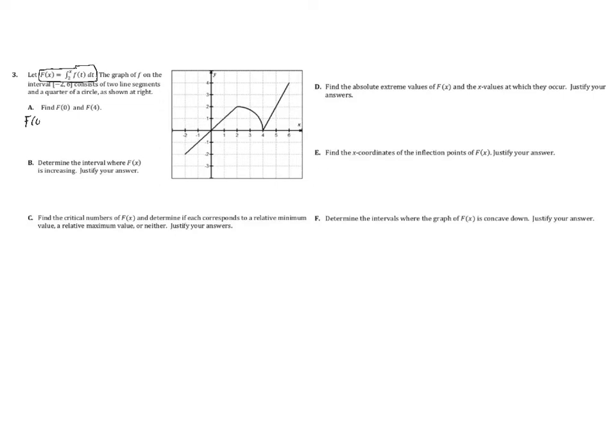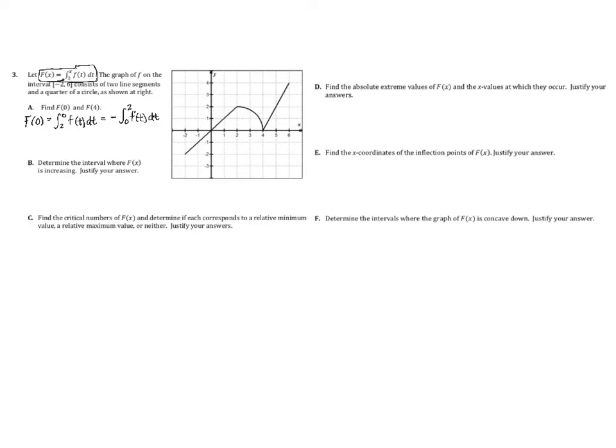So if we go through to find f at 0, we are going to be integrating from 2 to 0 of f at t dt. And again, that's because that bottom is 2. And right away we see we need to flip our endpoint, so that's going to be from 0 to 2, f at t dt. And now we just need to go over here and find that bounded region.